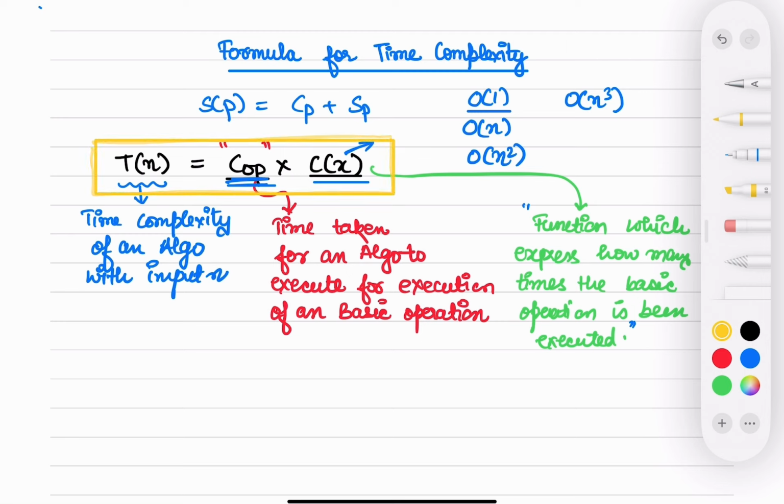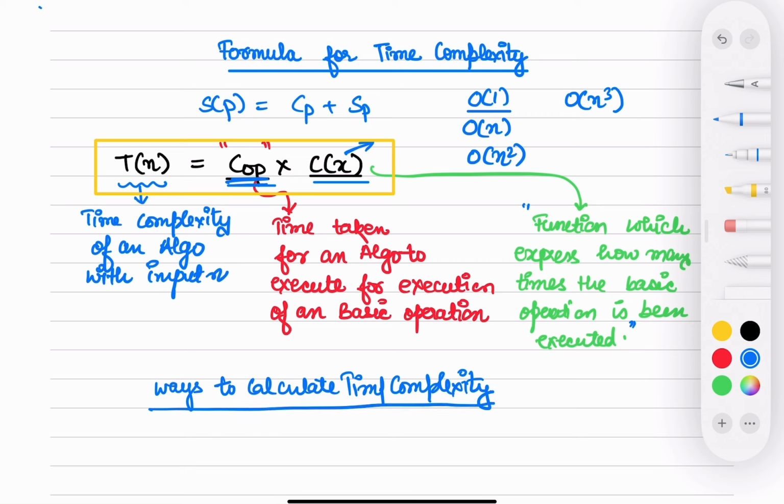Now there are different ways to represent time complexity. You can calculate it in three ways.